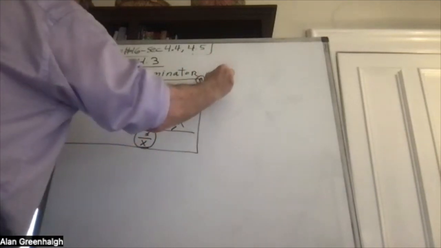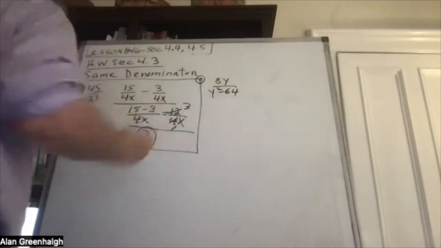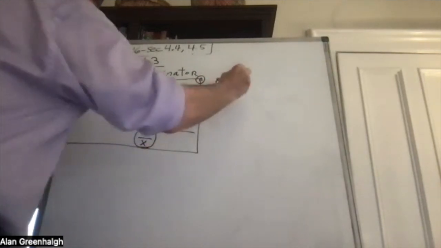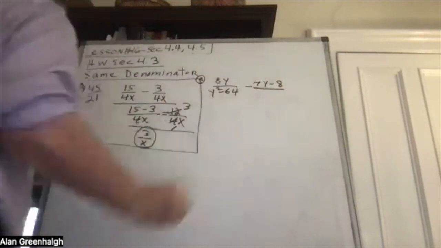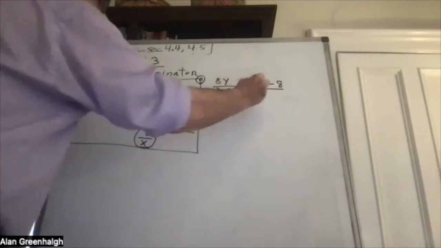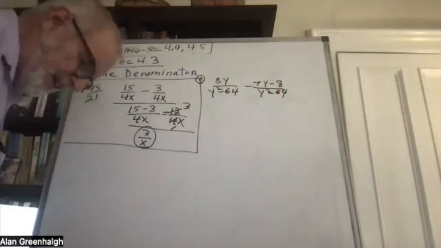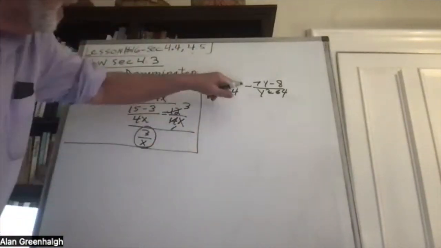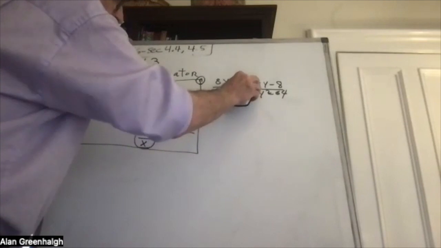8y over y squared minus 64 minus 7y minus 8 divided by y squared minus 64. Incidentally, this negative sign is not the negative sign of the 7y.